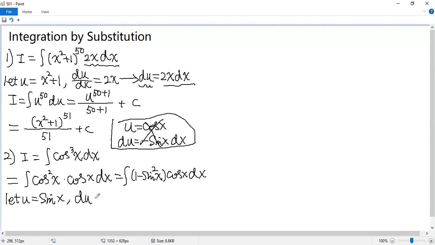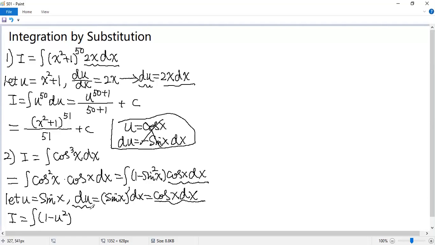So du equals the derivative of sine x times dx, which is cosine x dx. So the given indefinite integral becomes the integral of 1 minus sine x squared, which is 1 minus u squared, and cosine x dx actually is du, right?